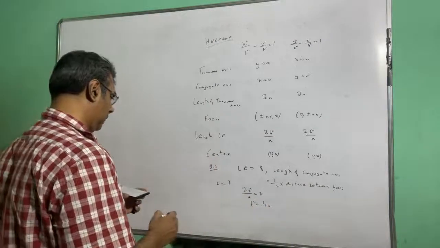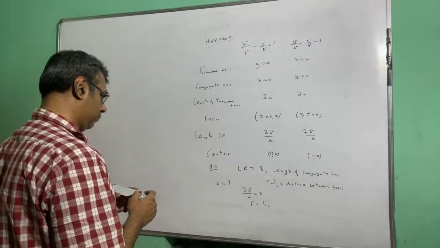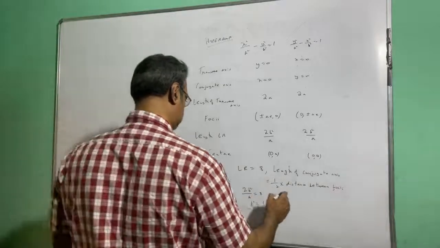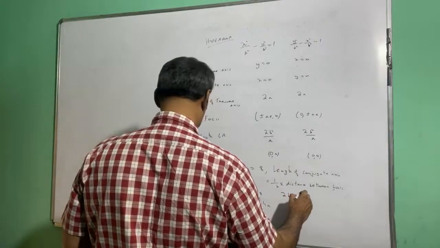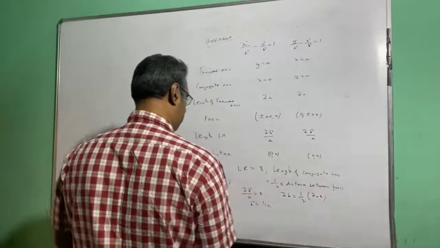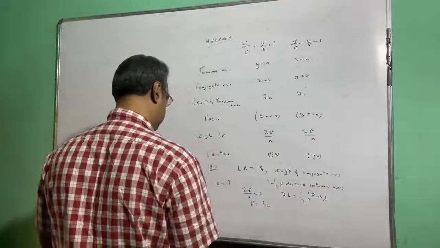So 2b square by a is 8, so b square will be 4a. And length of conjugate axis is 2b, that is half of 2ae.